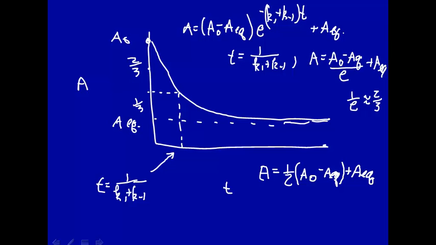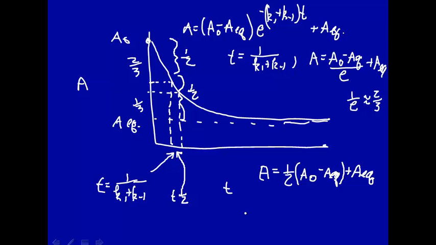What does that mean? That means that you're halfway down here. So here you're 1/2 and here you're 1/2. So you go halfway down the extent of this, and that time we'll call the half time, T 1/2.